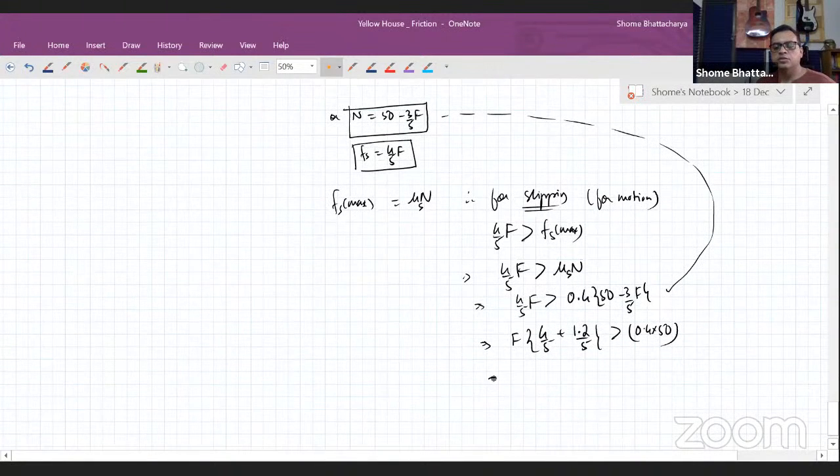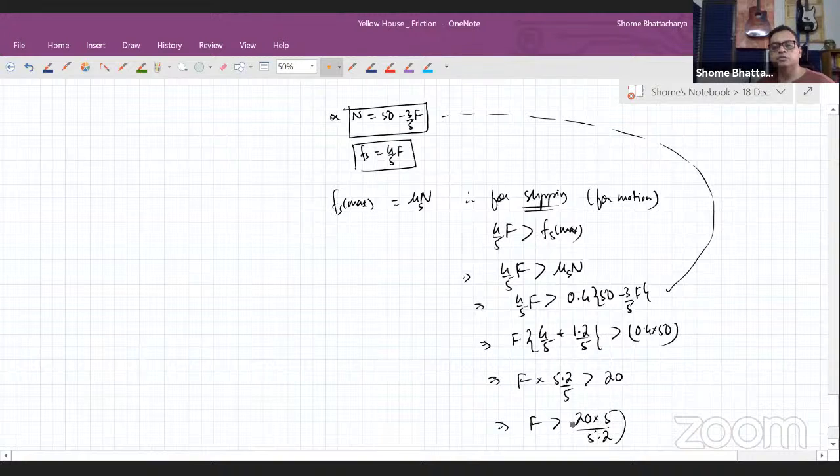So how much is this coming to? F into 5.2 by 5 should be greater than 20. So that means F should be greater than 20 into 5 divided by 5.2. So F should be greater than 100 divided by 5.2.